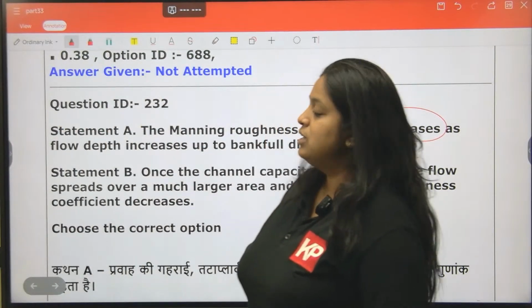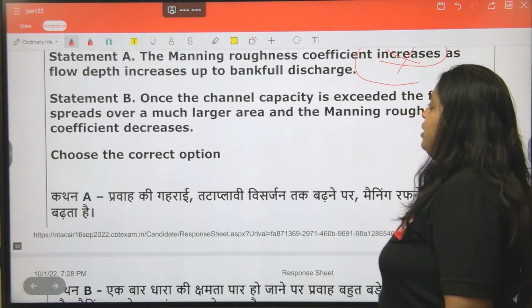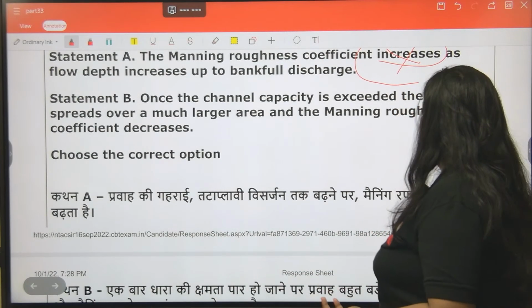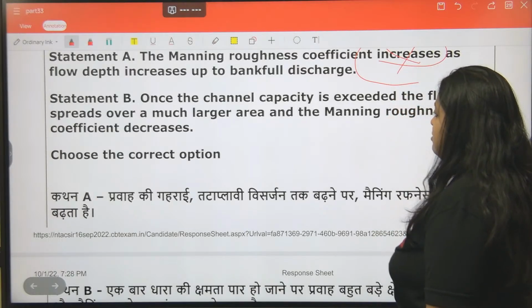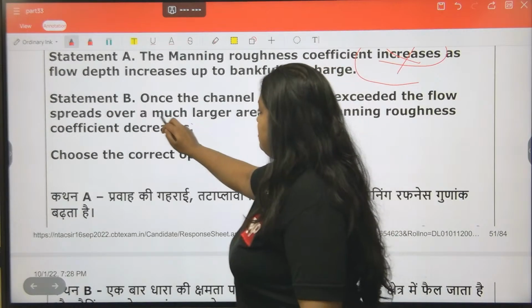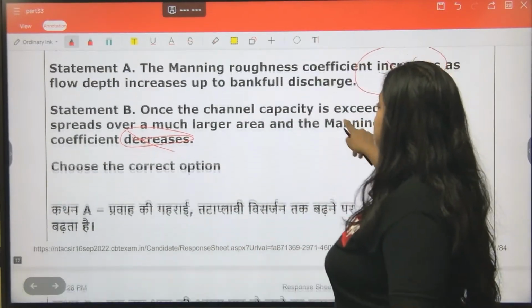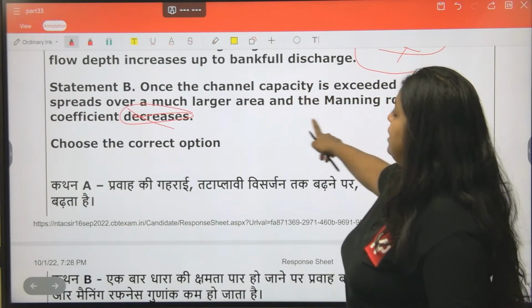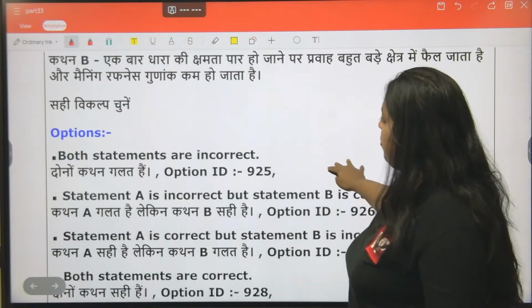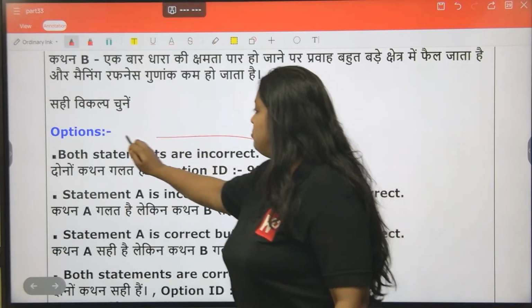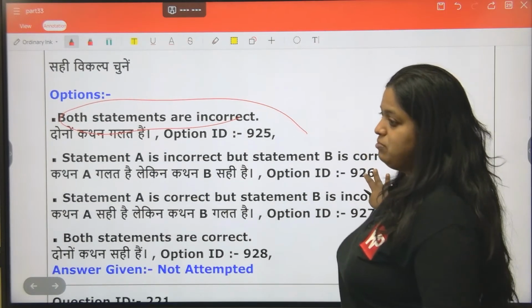Once the channel capacity is exceeded, the flow spreads over a much larger area, the depth decreases, and in that situation Manning's roughness coefficient increases. So option A is the right answer. Both statements are incorrect.